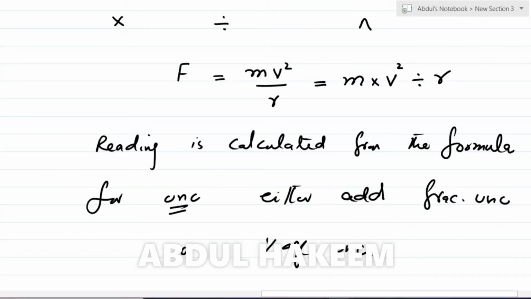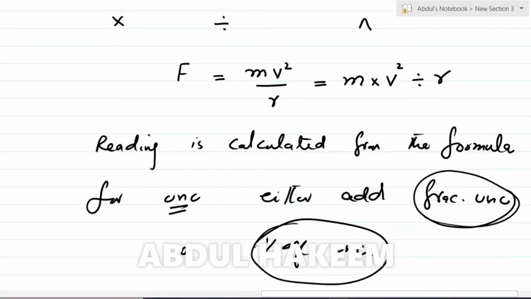So errors are not added, uncertainties are not added, their fractional errors or the percentage errors are added. So for this group number 2, where we have to deal with multiplication, division, and the power, reading is calculated from the formula, but for the uncertainty, we will use either fractional uncertainty addition or percentage uncertainty addition.